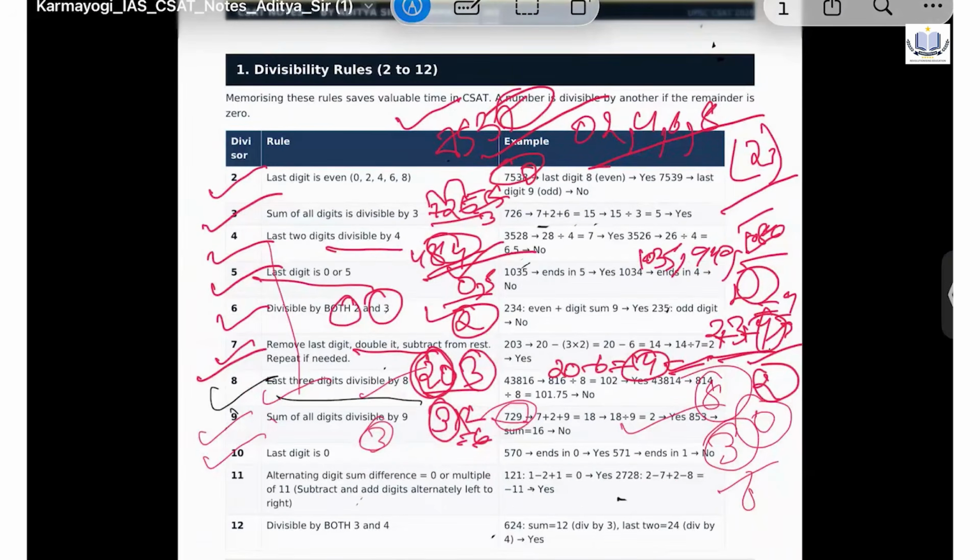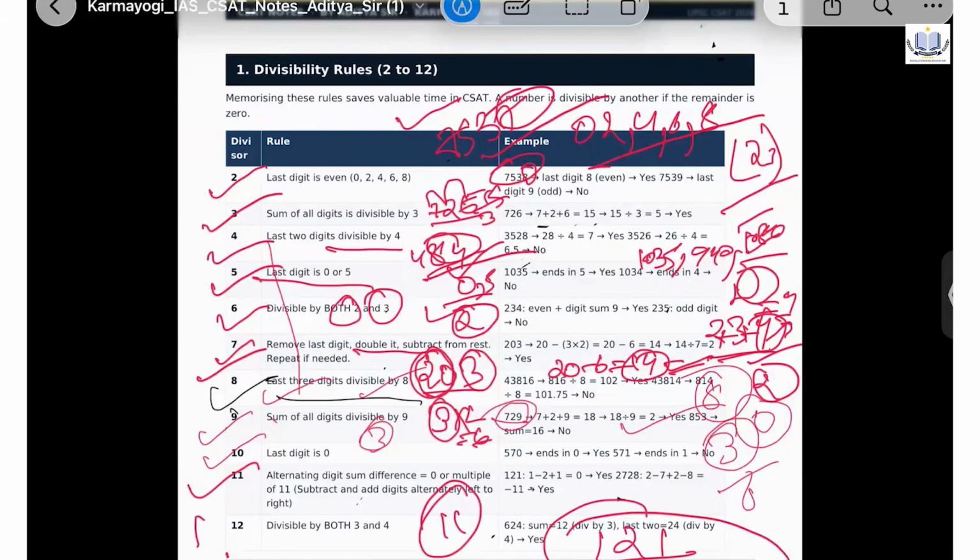So that is what you need to understand. For 11, the rule is a bit different. Take the number 121. Alternately, what you have to do is, from left to right, subtraction, addition, subtraction, addition. If the number which you get after this is 0 or divisible by 11, then the number is divisible by 11.